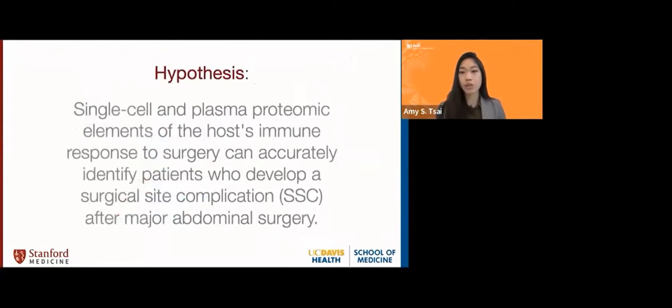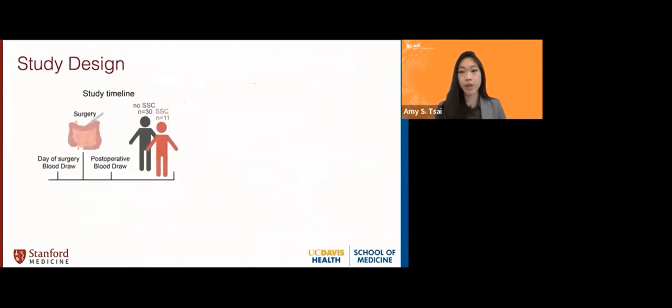So we use this tool with the goal of improving predictive performance. We hypothesize that single-cell and plasma proteomic elements of a host's immune response to surgery can accurately identify patients who will develop a surgical site complication after major abdominal surgery. So 41 patients undergoing non-cancer bowel resection were prospectively enrolled. 11 patients developed surgical site complications, as defined by a surgical site infection, anastomotic leak, or wound dehiscence within 30 days of surgery.